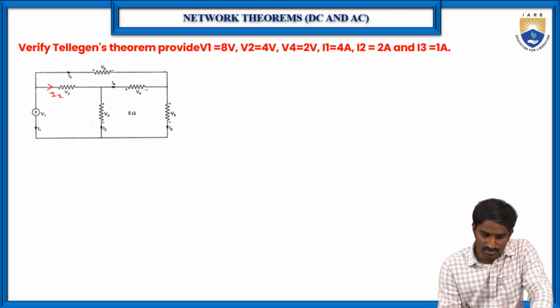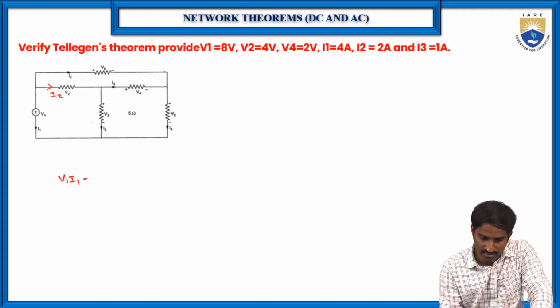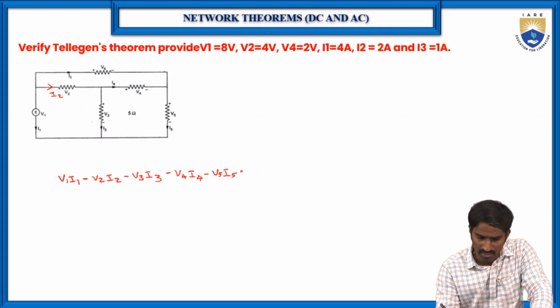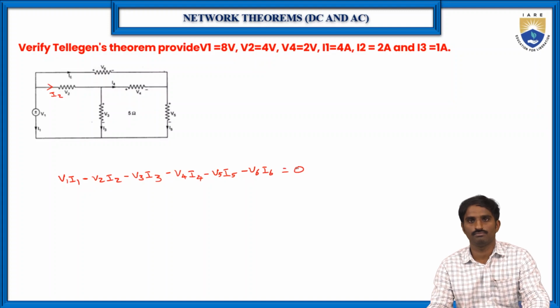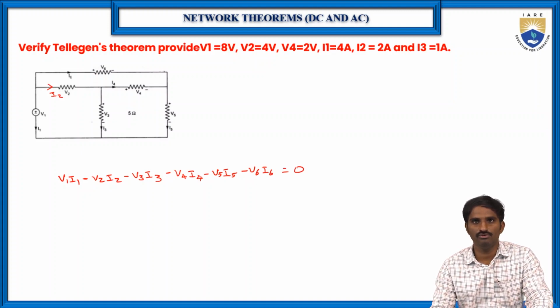So here, first let me write V1 I1 minus V2 I2 minus V3 I3 minus V4 I4 minus V5 I5 minus V6 I6, which is equal to 0.